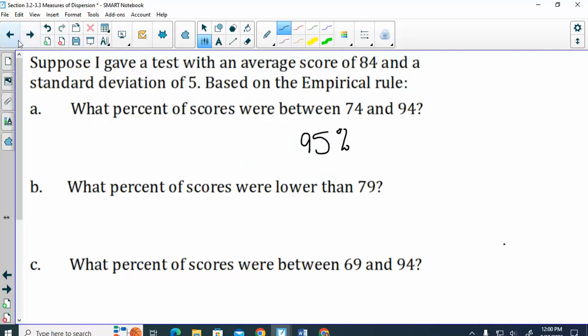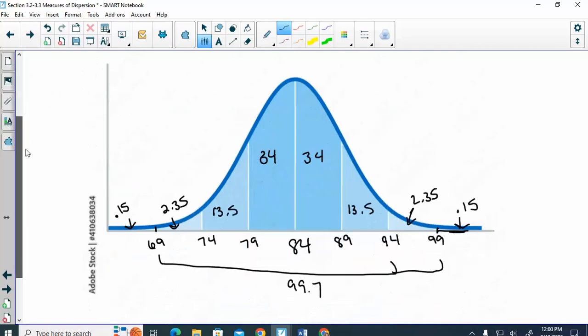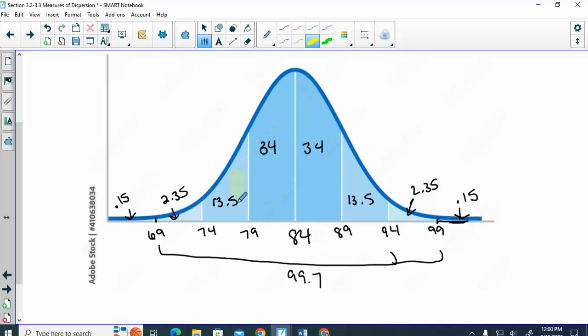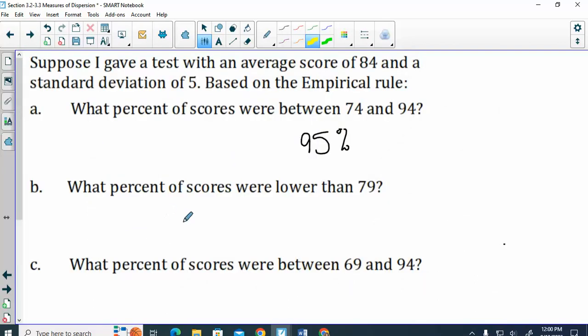So then I wanted to know lower than 79. So you're going to add 0.15 plus 2.35 plus 13.5. You guys understand that?